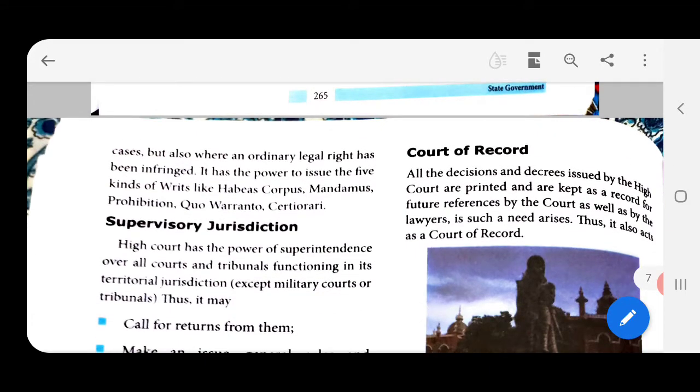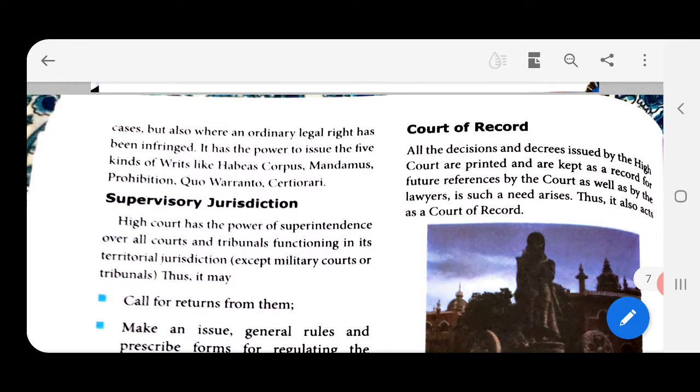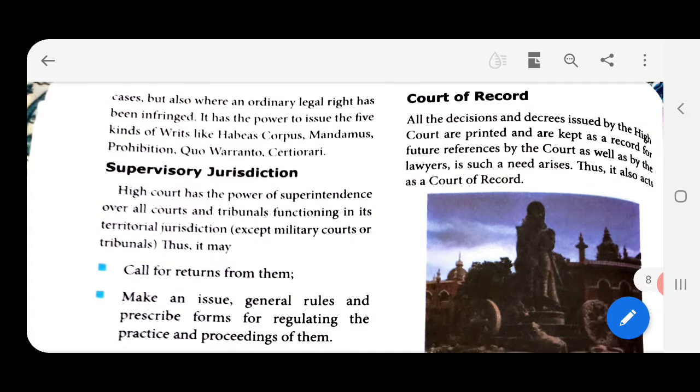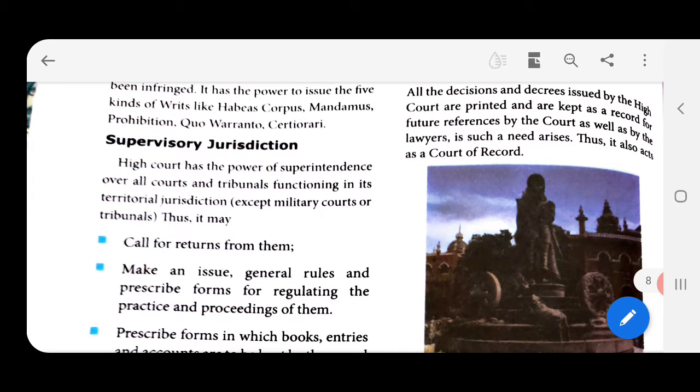So, when there is a legal right which is being changed, they can issue orders. It has the power to issue the 5 kinds of writs which we have studied earlier in the previous chapter: habeas corpus, mandamus, prohibition, quo warranto and certiorari.